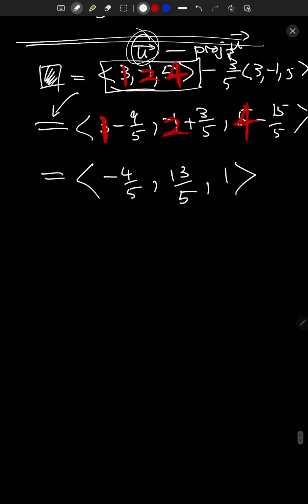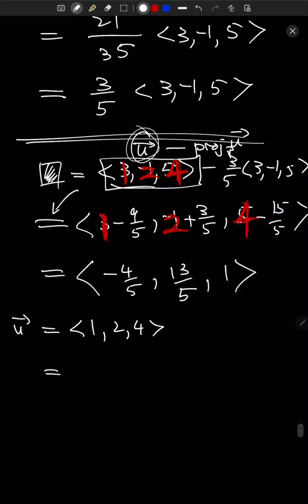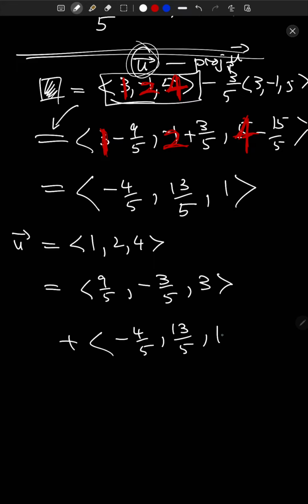And so ultimately we know that u, which was 1, 2, 4, should be equal to my projection, which was 9/5, comma minus 3/5, comma 3, and then plus minus 4/5, 13/5, comma 1.